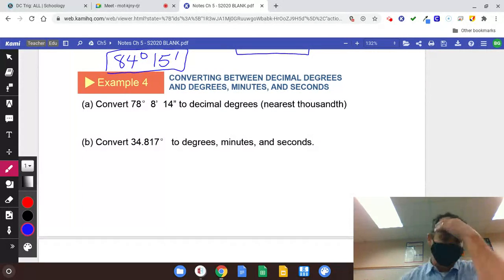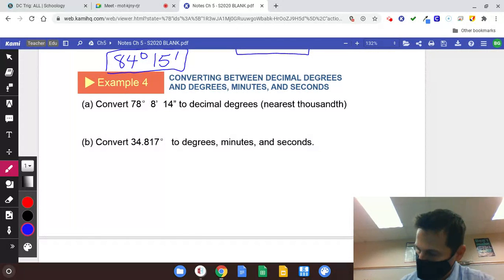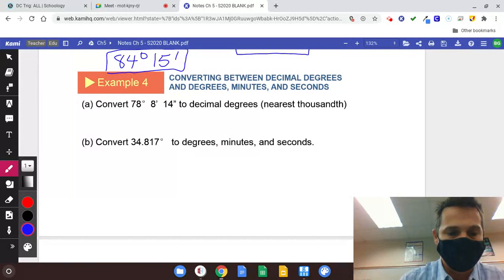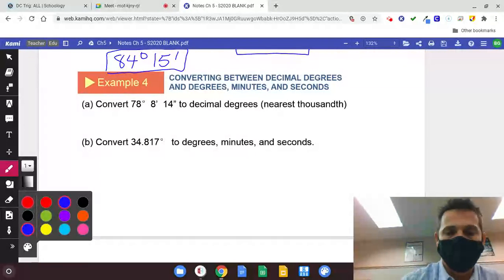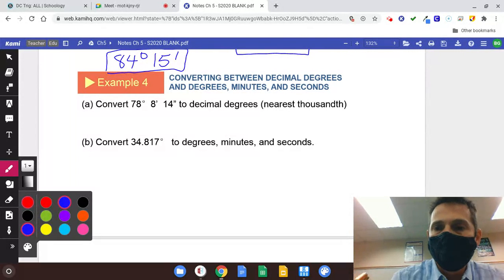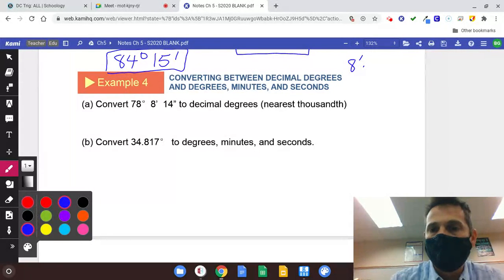So what we end up doing is, I'm going to write a lot, and then I'm going to show you the shortcut. If you take 8 minutes, you can do a conversion and say there are 60 minutes in 1 degree.